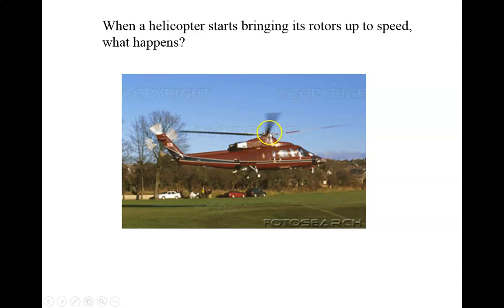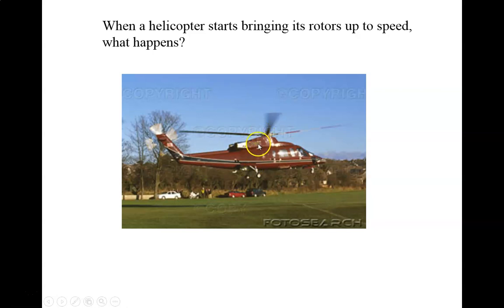and let's say these rotors were spinning clockwise. Now if I had 0 rotational momentum, and all of a sudden I have positive, clockwise rotational momentum, that would mean my rotational momentum changed.